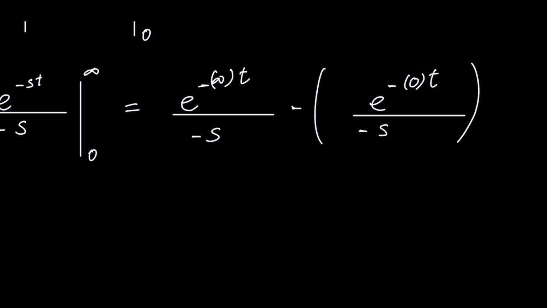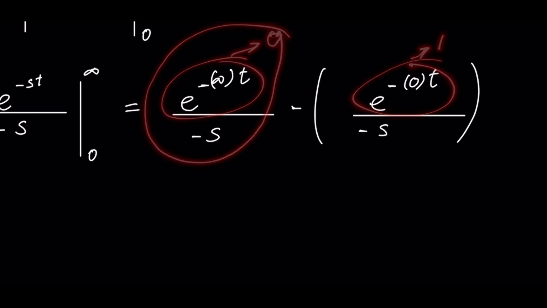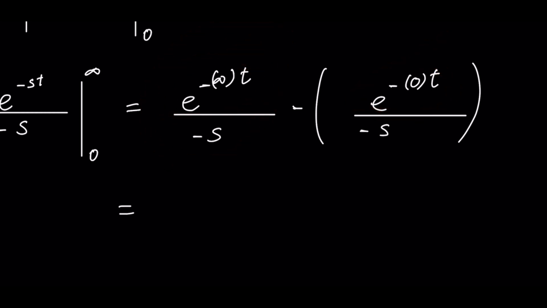We know that e power minus infinity equals 0 and e power 0 equals 1. So e power minus infinity is 0 and this is going to be 1. This means that this is entirely going to become 0 and we are going to be left with positive 1 divided by s.